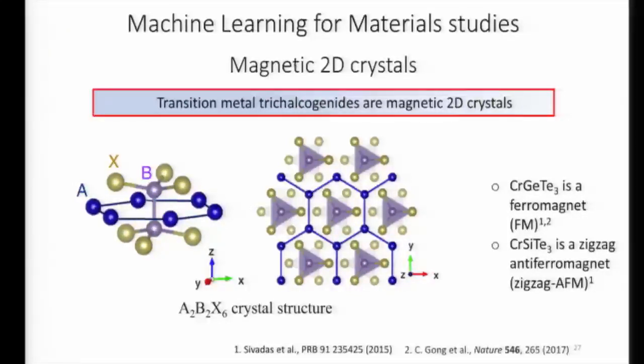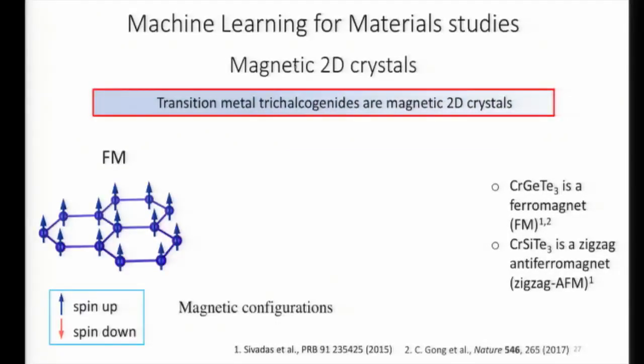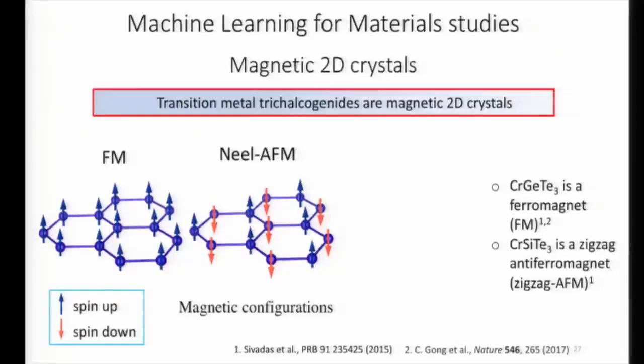What happens if you look at a material that has a very similar structure, but is now chromium silicon telluride? You'd find that the magnetic order goes from ferromagnet to anti-ferromagnet, which is, for me, quite intriguing. To emphasize that, you start with chromium germanium telluride, and it's ferromagnetic, and that means all the spins are aligned. You consider different magnetic configurations, such as this Néel anti-ferromagnetic type, where each neighboring site has a spin anti-aligned.